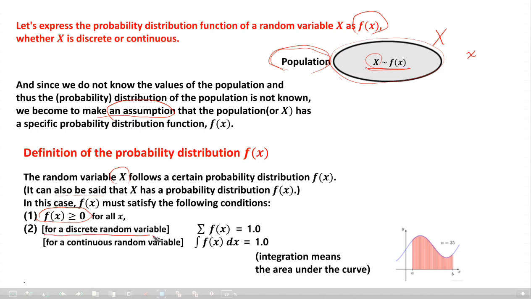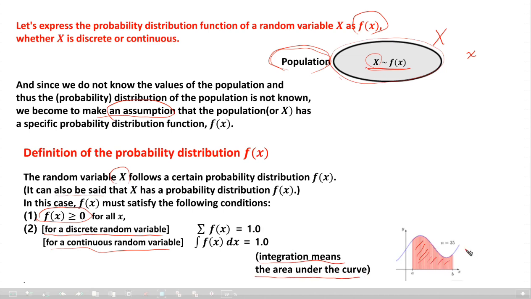For the discrete case, because it is countable, the sum of f of x equals 1.0. For a continuous random variable, instead of summation, we use integral notation. Integration means the area under the curve. Integration gives us the area under the curve like that.